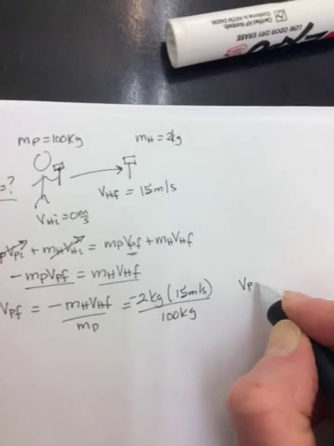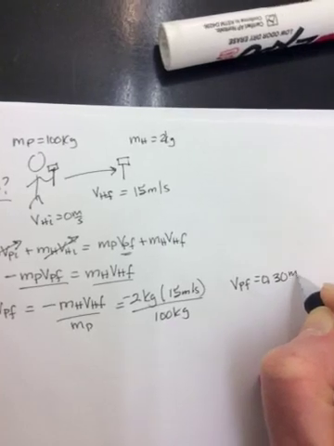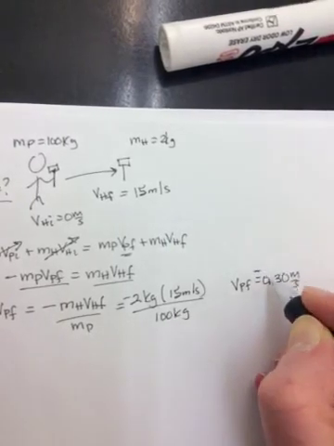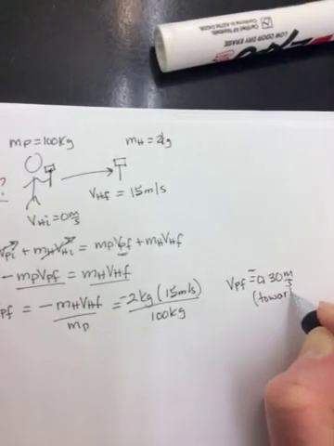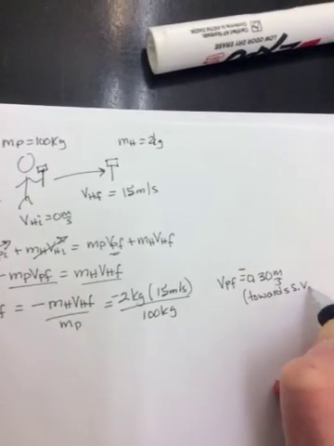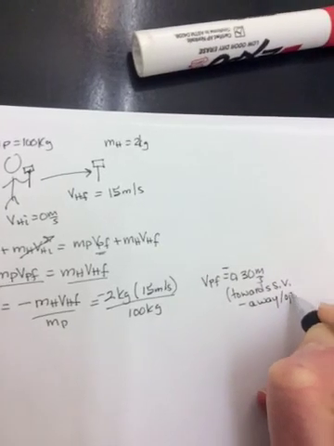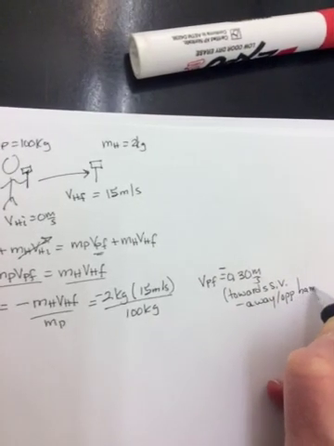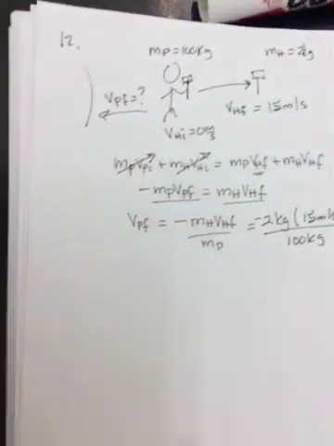So V of the person final should be negative 0.3 meters per second. There's a negative there, and that means towards the space vehicle, or away from, opposite the hammer. Right? So it's his way of trying to get back to the space vehicle.